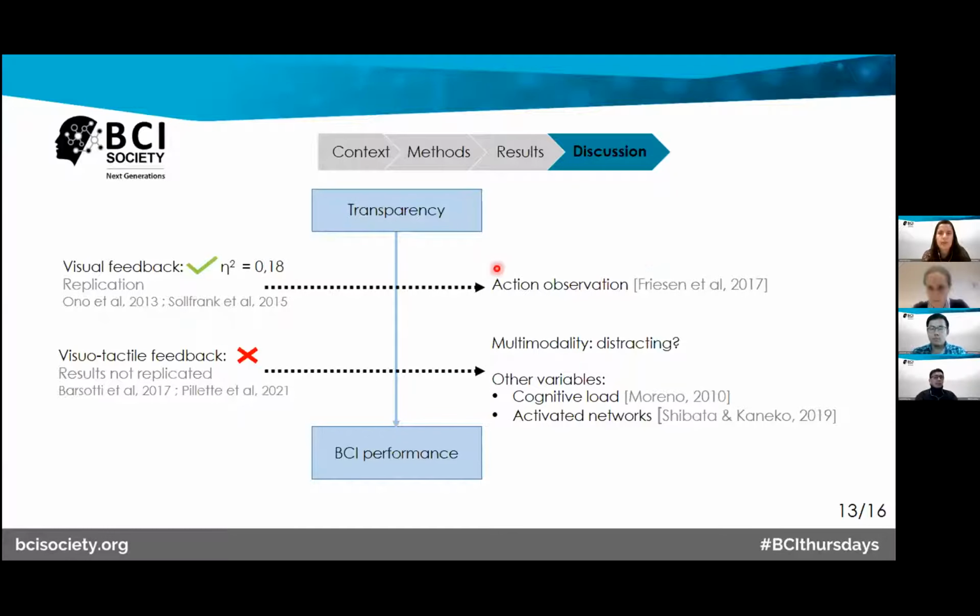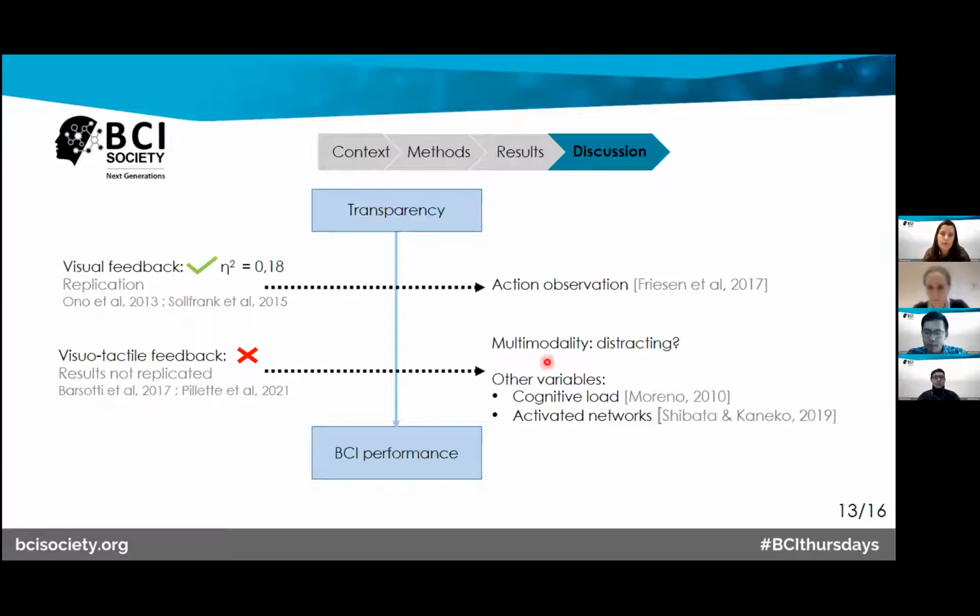So this could explain partly why having a transparent feedback improved the performance for this experiment. However, for the visual tactile condition, the performance wasn't improved by the motor illusions. So this did not replicate the findings from studies that showed that adding vibrations improved the performance.